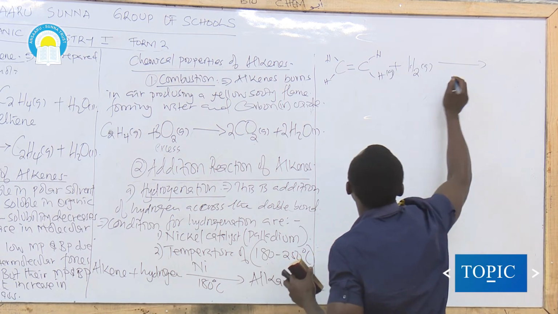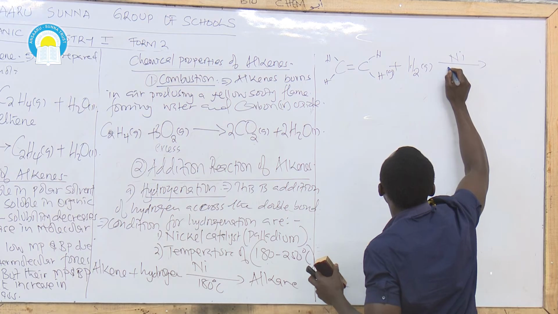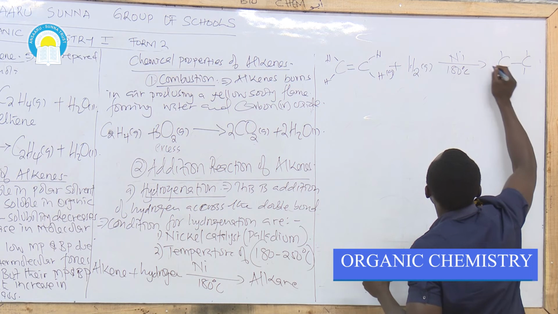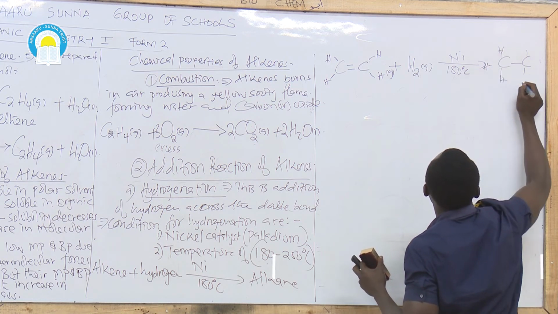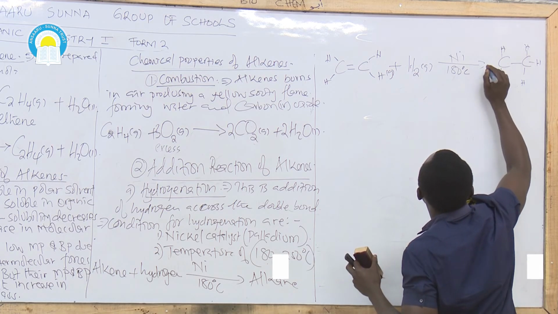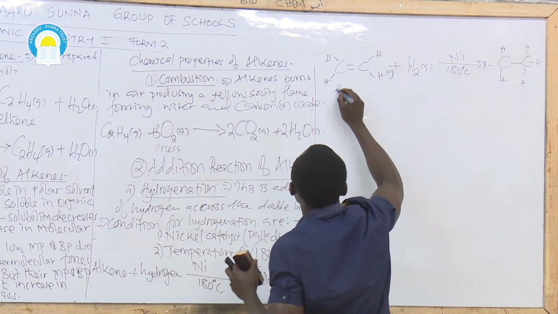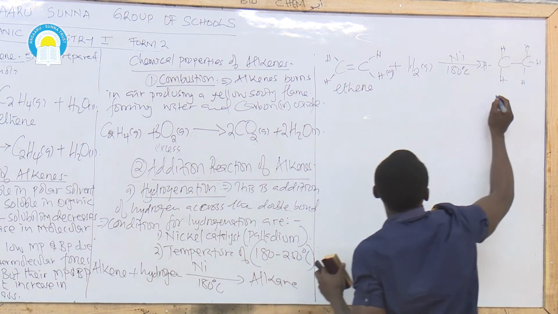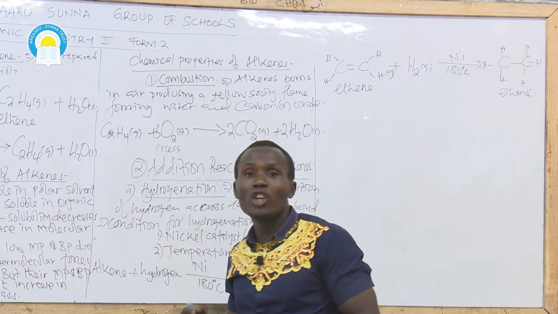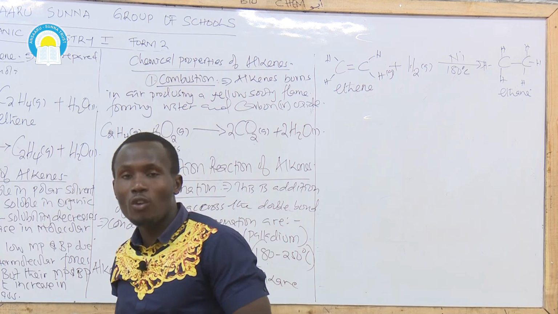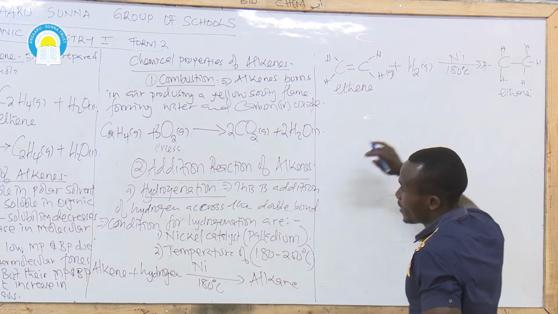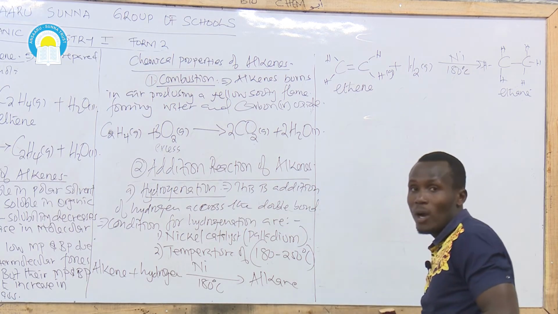This one is also a gas. Here we have nickel catalyst, a temperature of 180 degrees Celsius. We are going to get ethane, with hydrogens added across the double bond. So ethene is converted to ethane. If we carry out hydrogenation on propene, it is converted to propane. So this reaction is known as hydrogenation, addition of hydrogen.